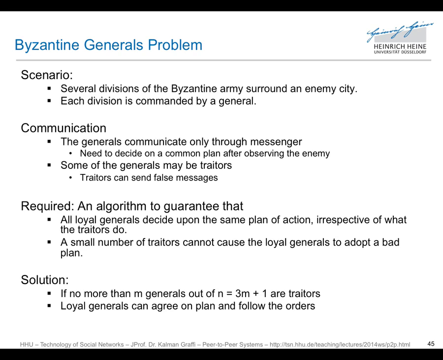They can decide on a plan, no matter how the traitors behave, and it's required that we have at least three times as many good nodes as bad ones.